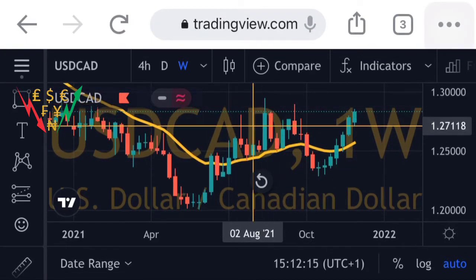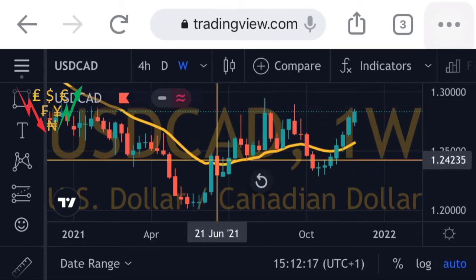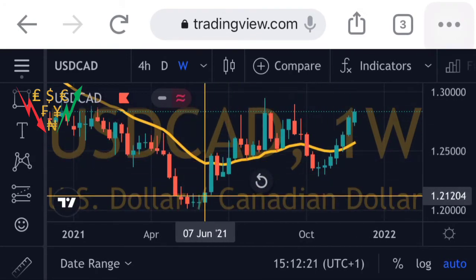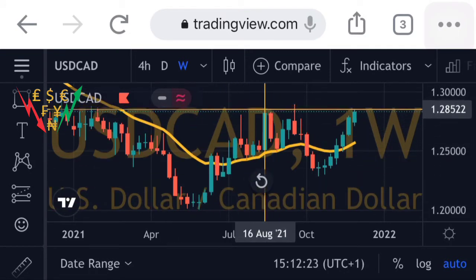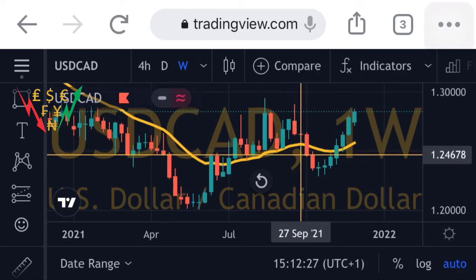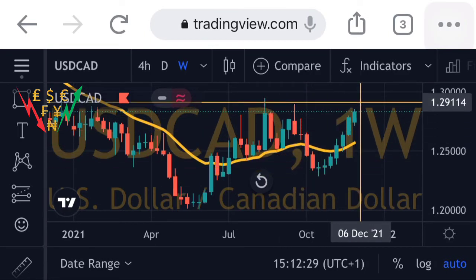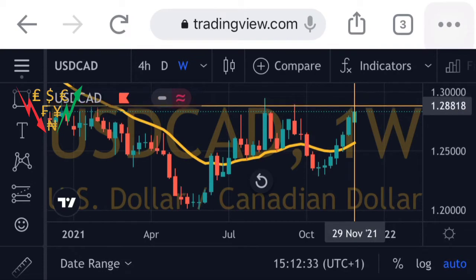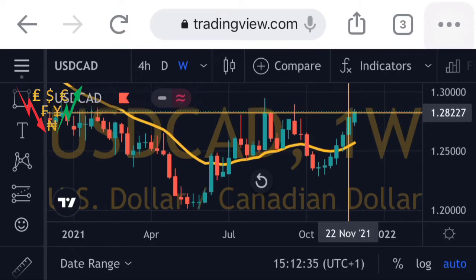And then from this point here, the price has been in an uptrend, right? Uptrend. And then from this point here, the price started making its way down, came down to this point, and then it went up. So USDCAD is really not that obedient a pair, but this is what we see.